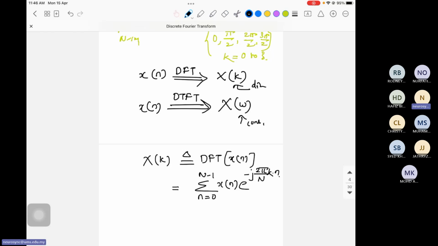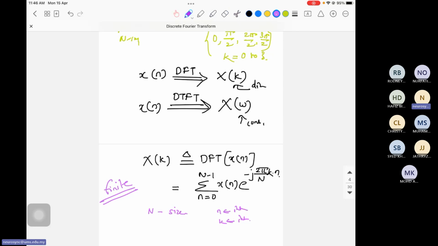This is similar to the Fourier transform, but this is only for the finite sequence. Please remember this. Therefore the summation goes from 0 to capital N minus 1. Capital N represents the size of the sequence. Small n is basically the integer, and again, k is the integer.